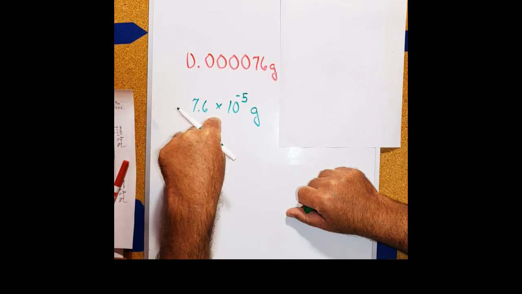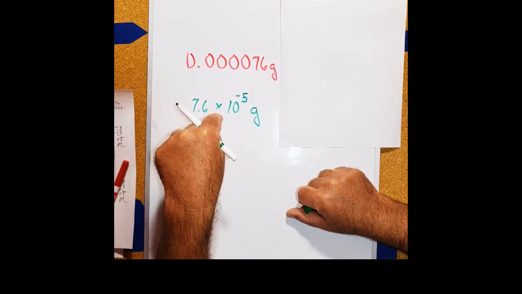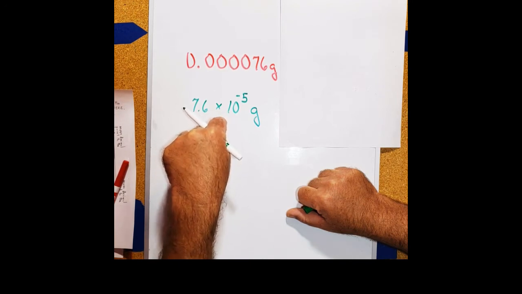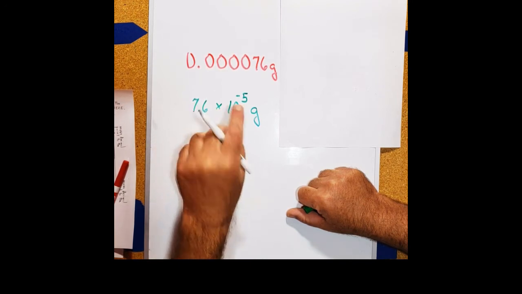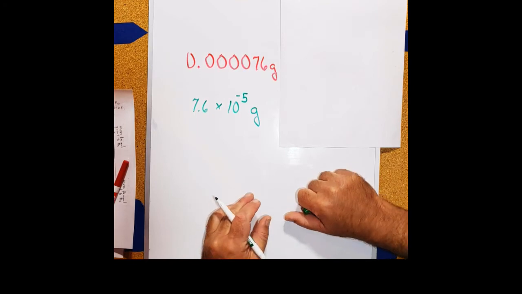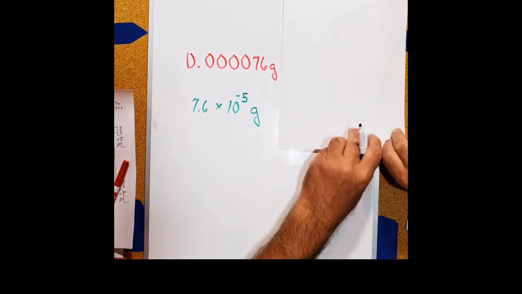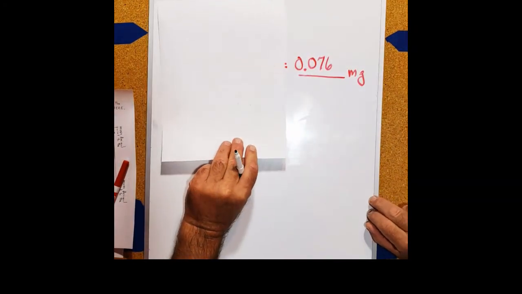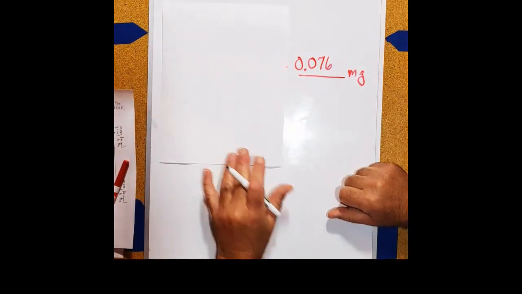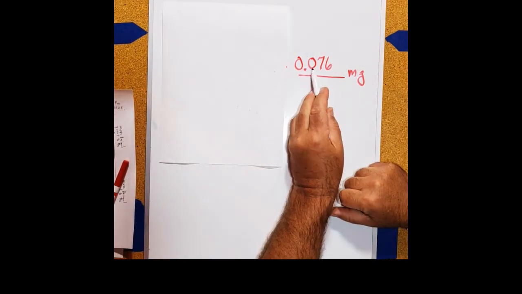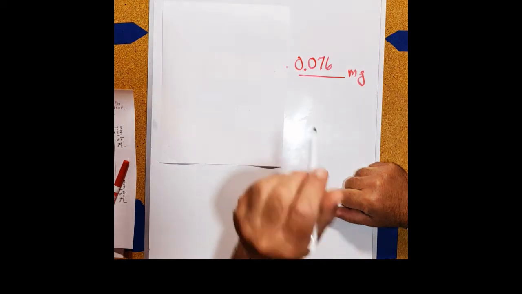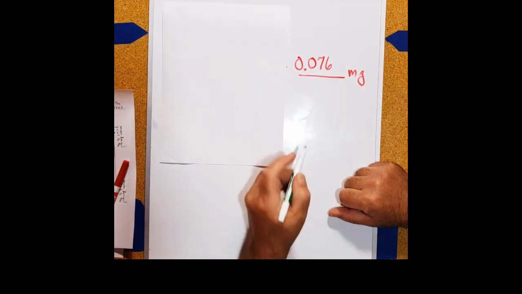The scientific notation or exponential notation is something you need to know if you're going to stick around and be a scientist or an engineer or a doctor, or anybody who uses math and science a lot. Now let's do the same thing for this side. Let's forget about what we just did and take this number, 0.076 milligrams, and express it in scientific notation.